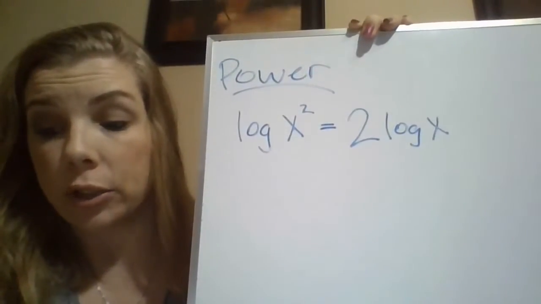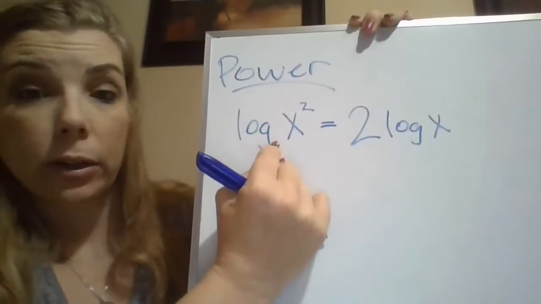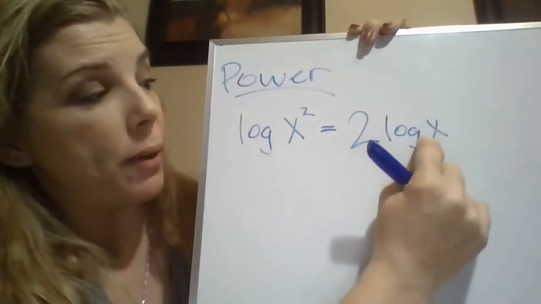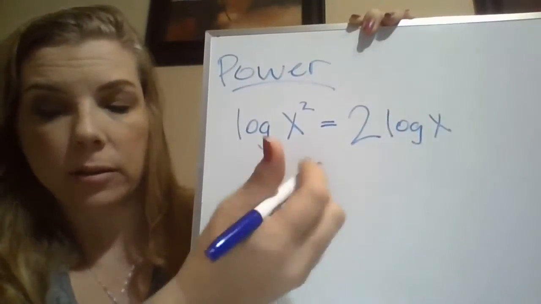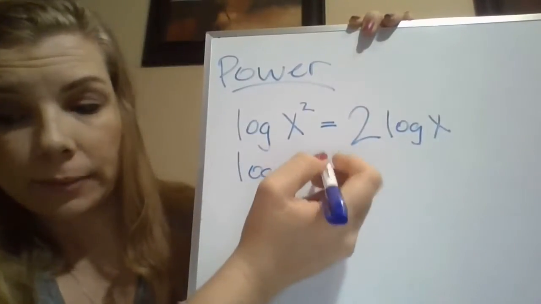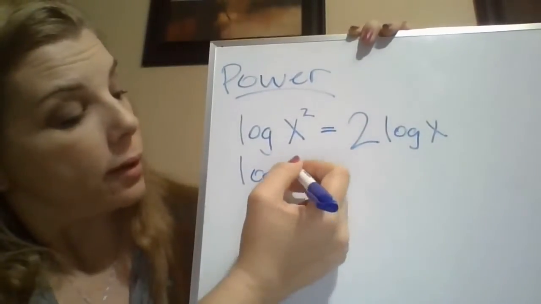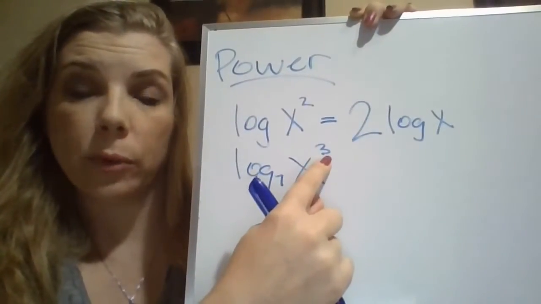Let's try to change the base, because remember, if there's no number here, the base is 10, and it still stays 10. What if it's something else? Let's try log 7 of x cubed. This is the only thing that moves.